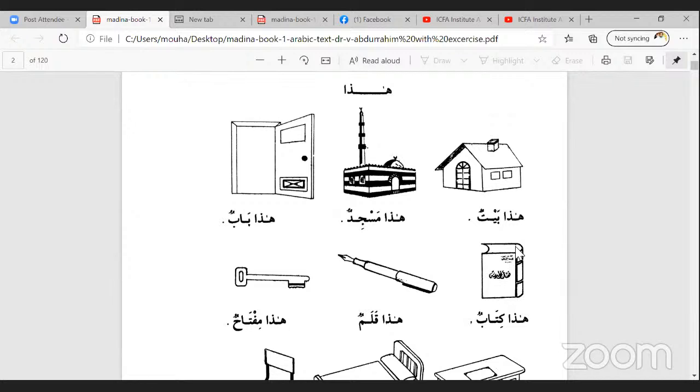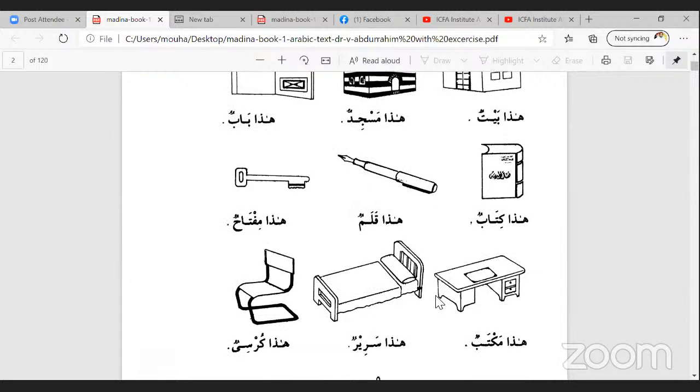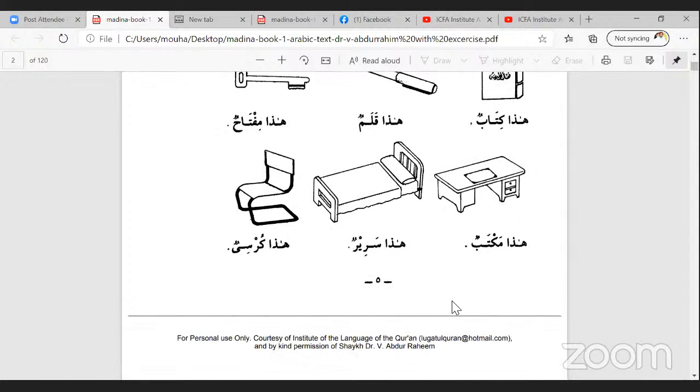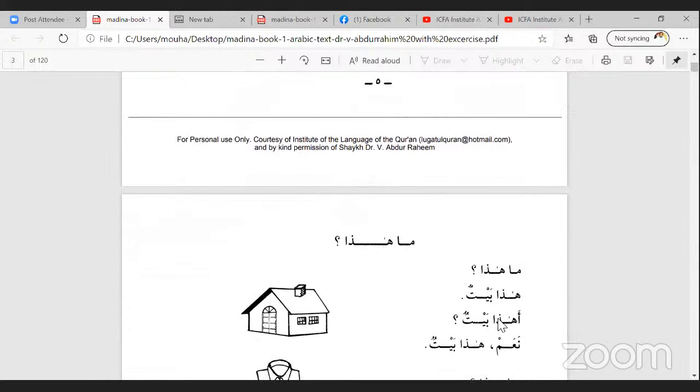Baytun, a house. A masjid, masjidun. A door, babun. A book, kitabun. A pen, qalamun. A key, miftahun. A desk or writing table, maktabun. A bed, sarirun. A chair, kursiyun.